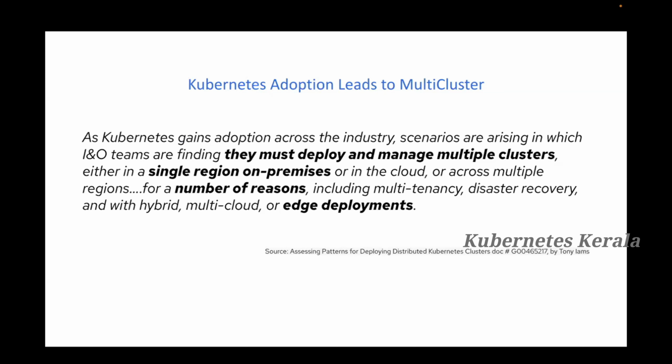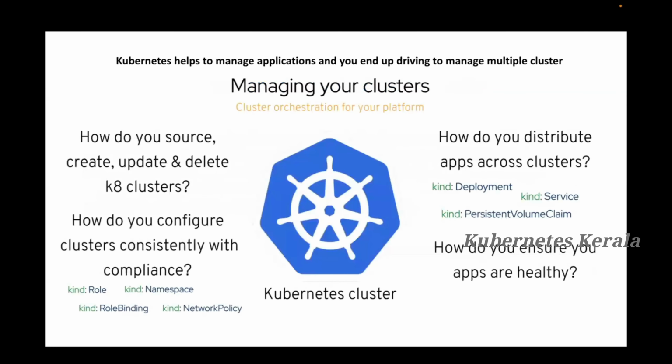So that would end up with multiple clusters, correct? If we end up with multiple clusters, what happens is that though Kubernetes helps to manage applications, the adoption of Kubernetes ends up driving us to create multiple clusters.